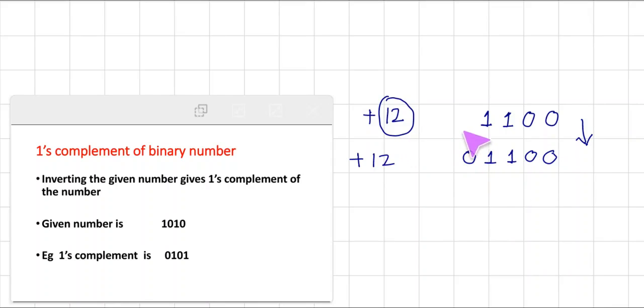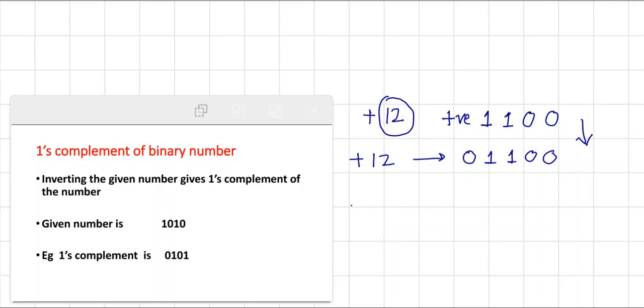Remember, if the number is positive, the sign bit is 0, and you don't need to alter the code. The code will be as it is, and this represents plus 12 in ones complement form. So when the number is positive, we don't need to change the code. The code remains as it is, only sign bit 0 is added.